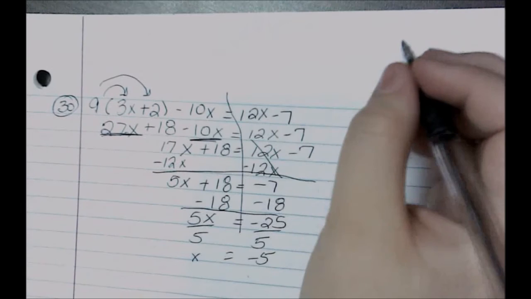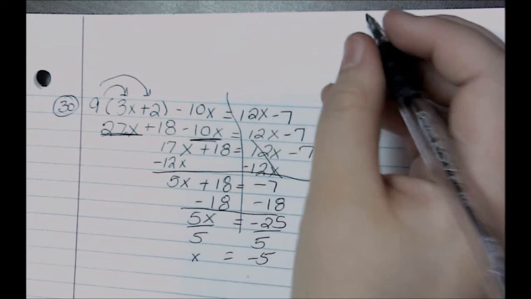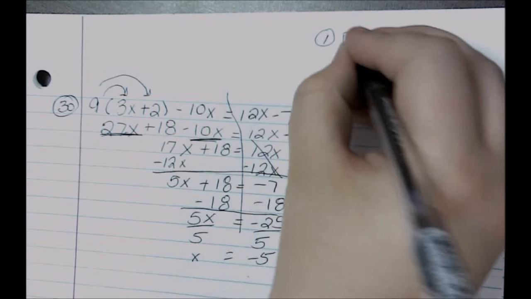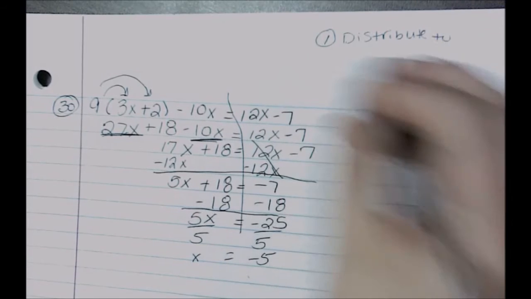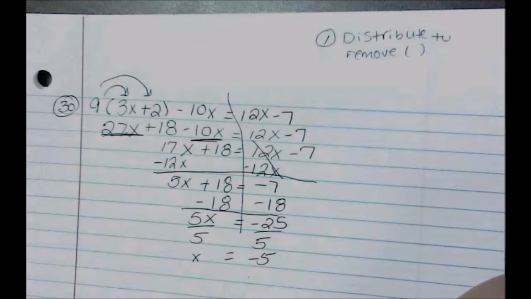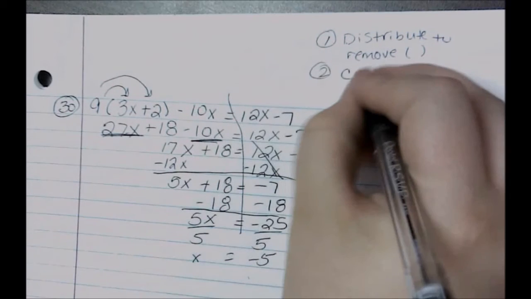So if you're a step person, we are far enough to where I can go ahead and just list out all the steps and you should understand them all. So step 1, if you have parentheses, you distribute to remove them. So distribute to remove parentheses. Then you combine like terms.